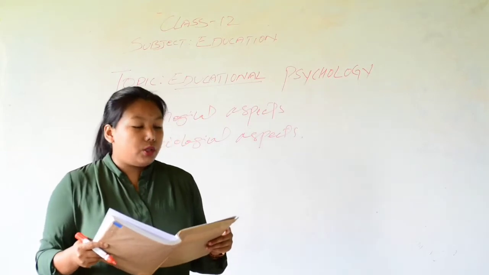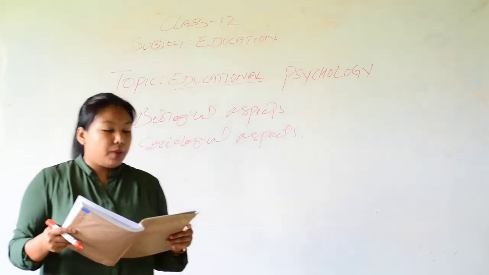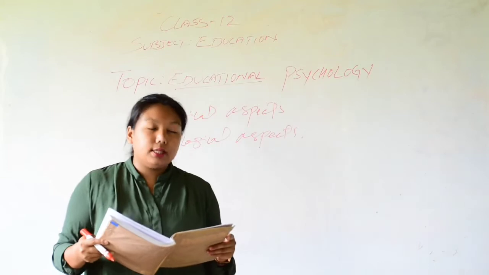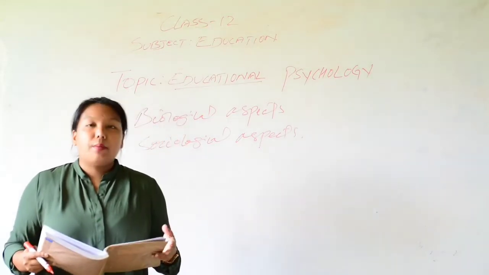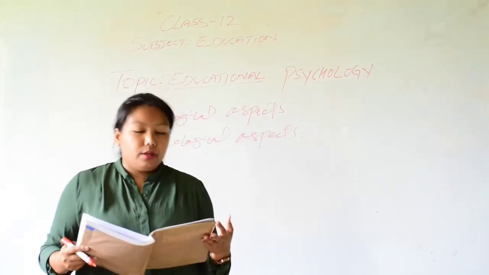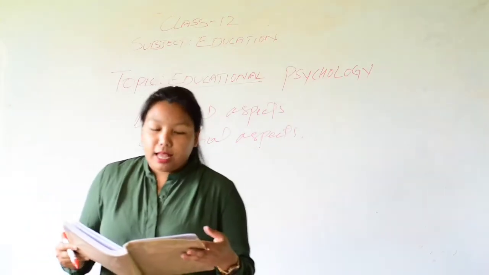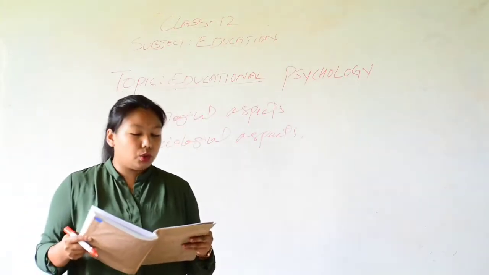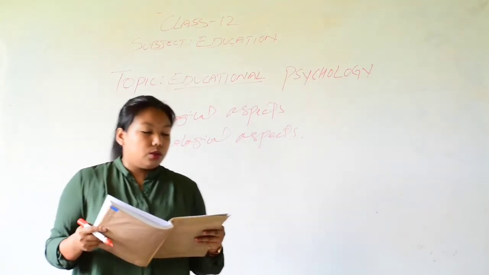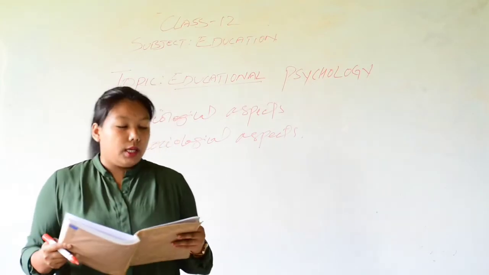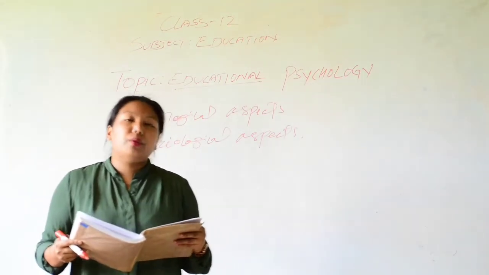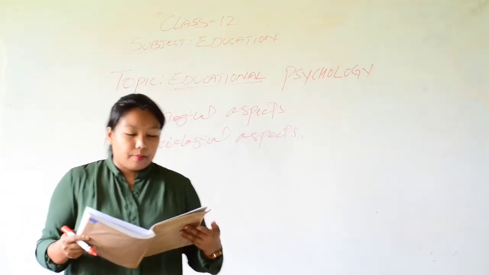According to his definition, he includes three aspects of human life, that is body, mind and spirit. Body means the physical body, mind means the brain, and the spirit means the non-material aspect of life. Okay, according to Sri Aurobindo Ghosh, he also gives a similar definition like Mahatma Gandhi, that is, education means building of human mind and spirit.